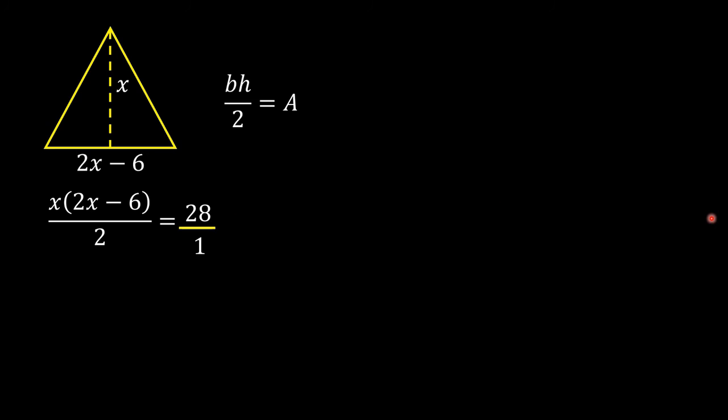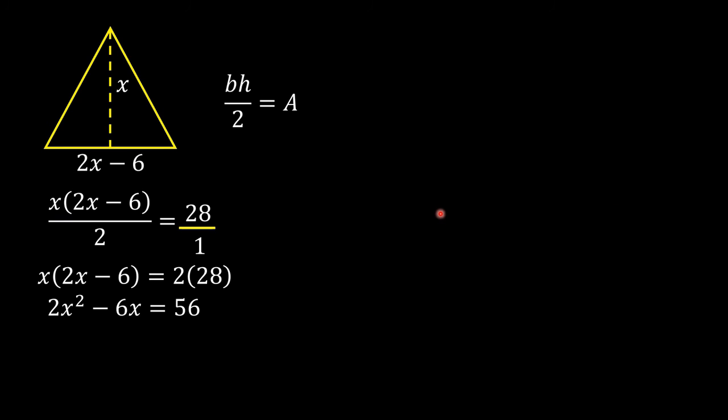Cross multiply. So we have now x times the quantity 2x minus 6 is equal to 2 times 28. Remove the parentheses by multiplication. We have now 2x squared minus 6x is equal to 56.